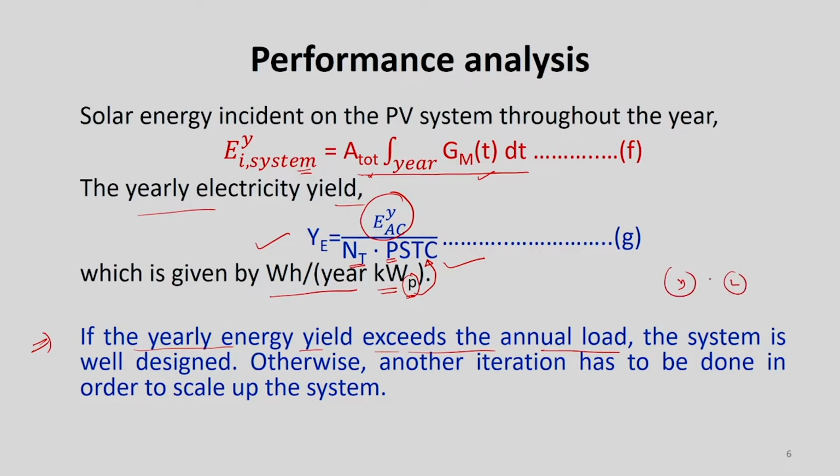If energy yield is greater than load, the system is well designed. Otherwise, another iteration has to be done in order to scale up the system. So, this is an important condition for designing a grid connected PV system.